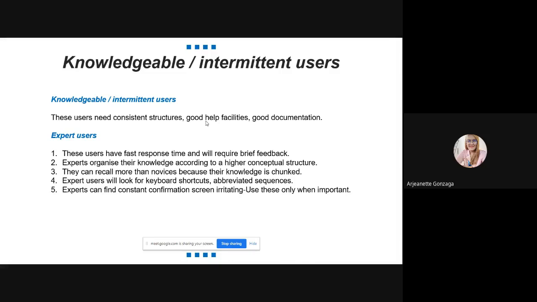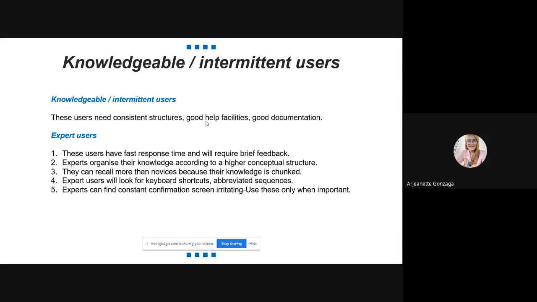So sa experts, they organize their knowledge according to a higher conceptual structure. And they can recall more than novices because their knowledge is chunked. So marami na silang nakaing information, kaya alam na nila yung mga knowledge about sa system. Expert users will look for keyword shortcuts and abbreviated sequences.